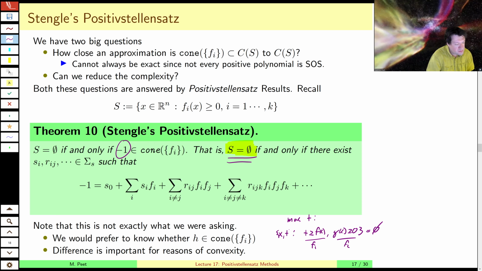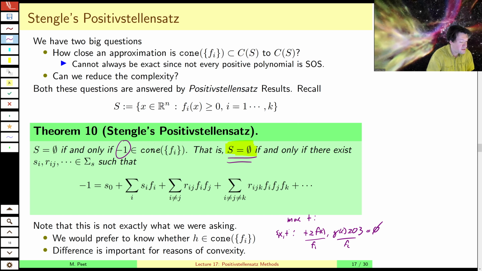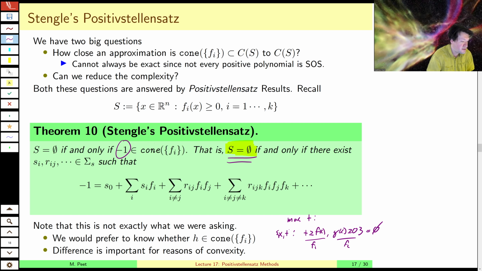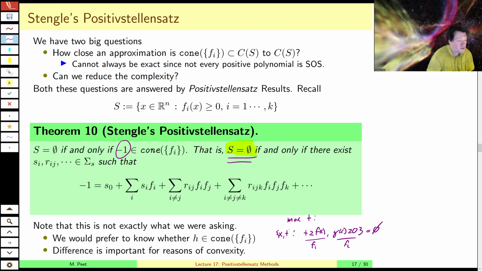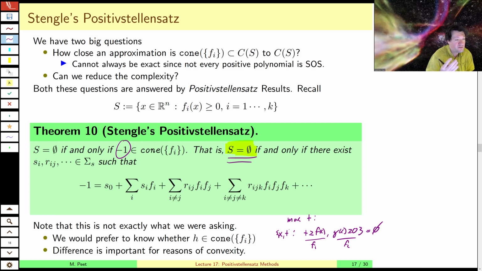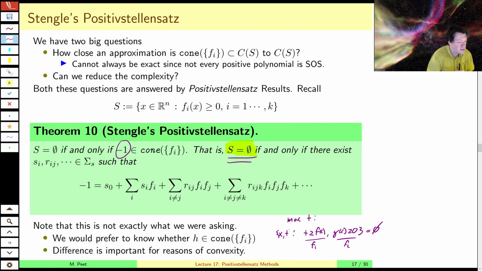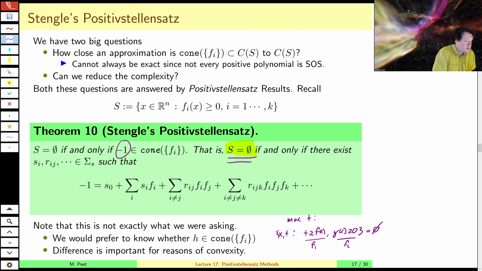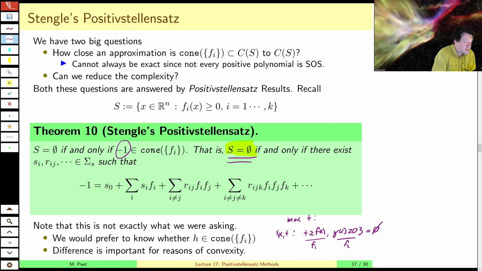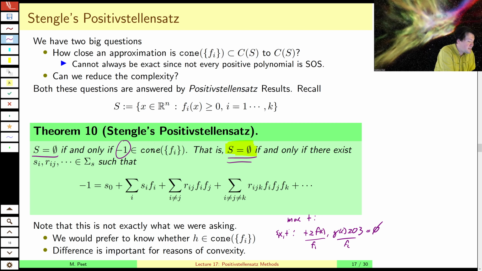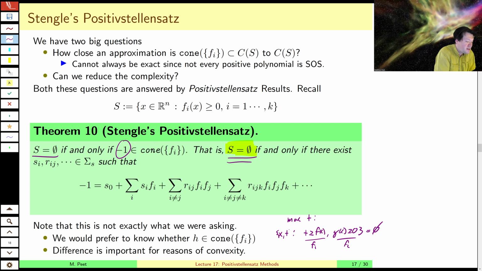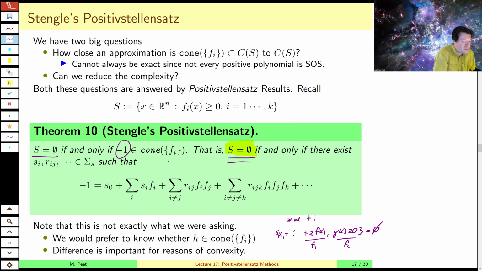So with that in mind, let's consider the Positivstellensatz by Stengle. There are 3 Positivstellensätze, well, actually 4, because we have a weak version of Stengle's. And this says that the set is infeasible if and only if a logical conclusion of the assumptions of the set is that -1 is positive.